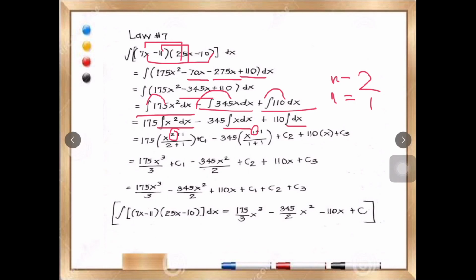Simplifying, we will get 175x to the third over 3 plus arbitrary constant of the first term minus 345x 1 plus 1, 2 over 2 plus arbitrary constant in the second term plus 110x plus arbitrary constant of the third term.